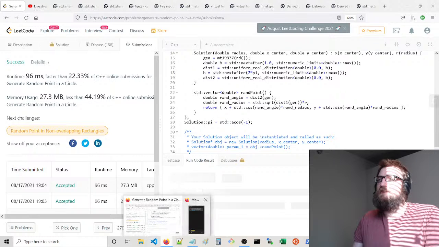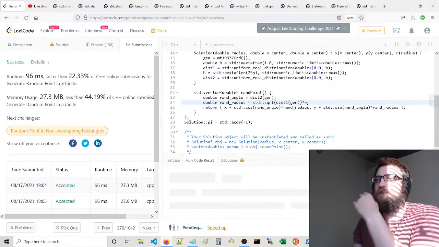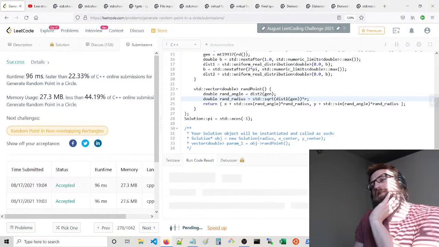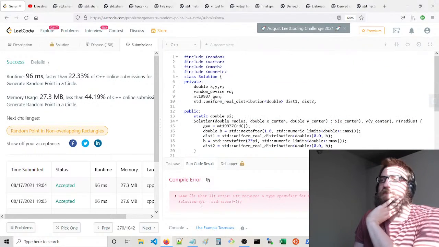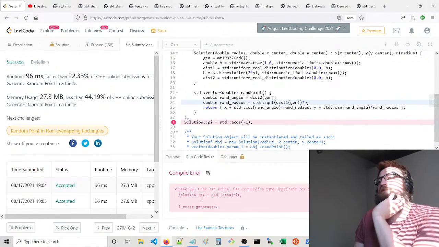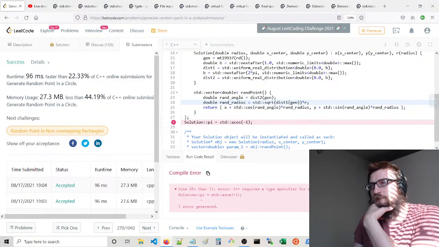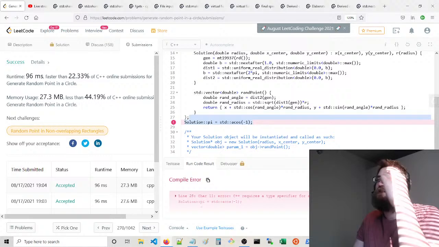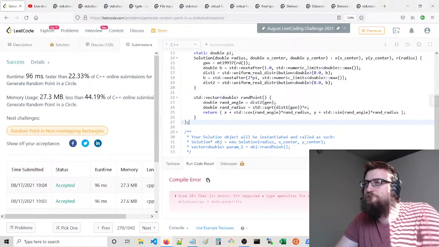I've run into this issue before where it's a pain in the neck to get a static constant into a class where it's not a const expression that you're trying to use. It's not a declaration, that's the thing. Really interesting. A little weird.